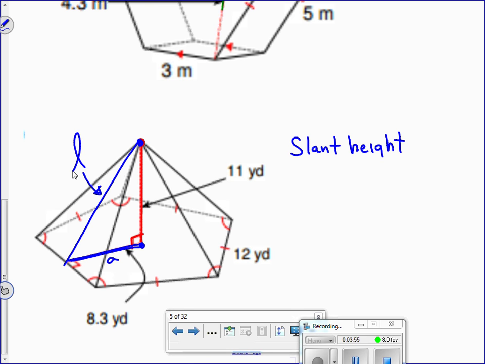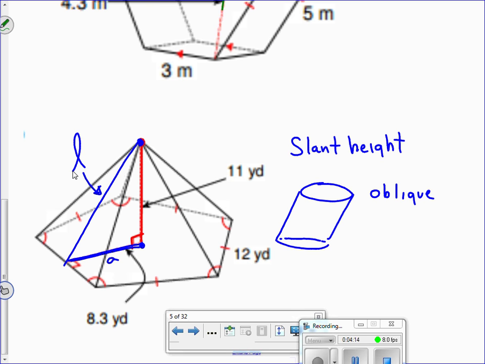I want to take a few seconds and introduce a new type of figure and a new word. It's called oblique. Whenever you take a shape and turn it to lean over like that, it becomes oblique, in this case an oblique cylinder. We can do this with prisms too: push them over, and it becomes an oblique prism.